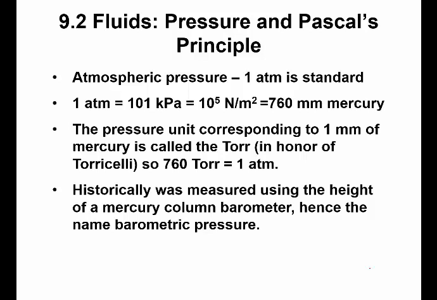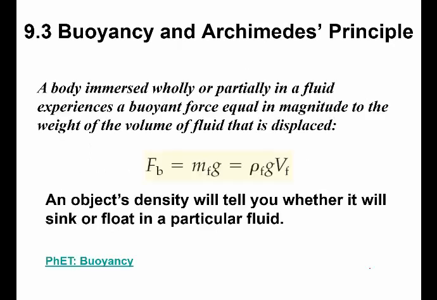Barometric pressure, I alluded to this before, has to do with the fact that we use a mercury column barometer. This brings us then to the idea of buoyancy and Archimedes' principle. So say we have a solid and we put it in some kind of fluid, and it becomes immersed, maybe wholly, maybe it sinks to the bottom, or partially, it's floating and only part of it is visible above the fluid line, like an iceberg.